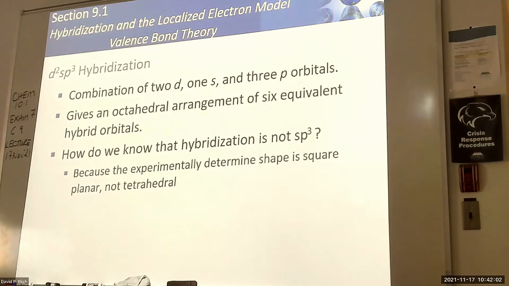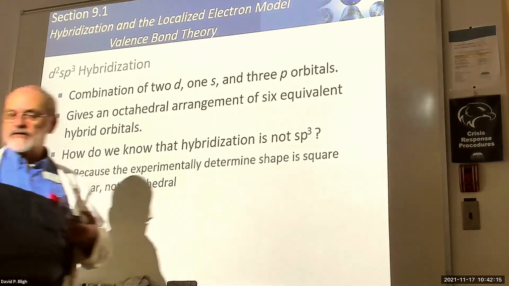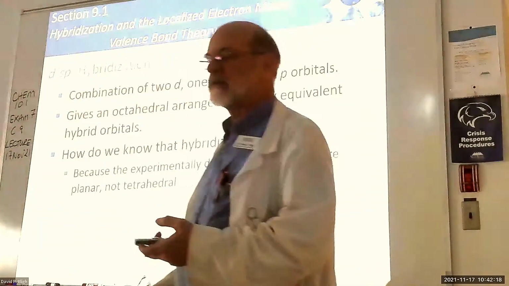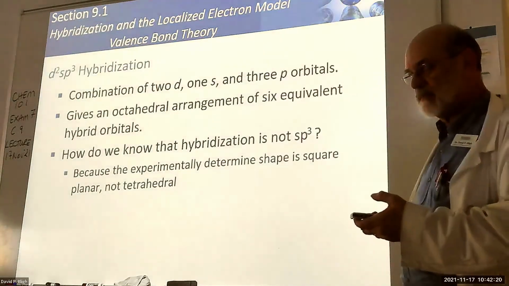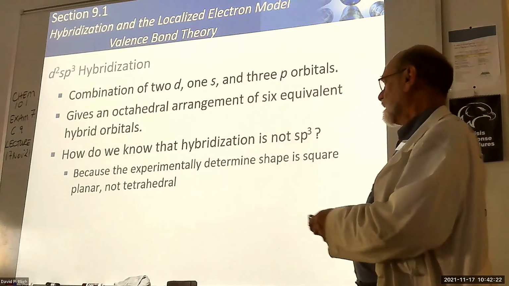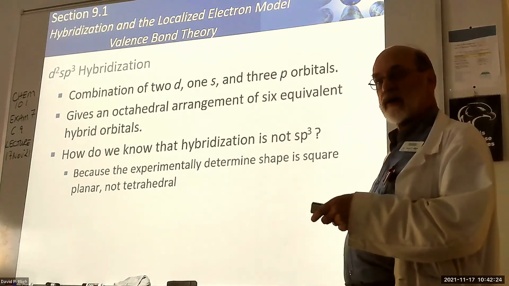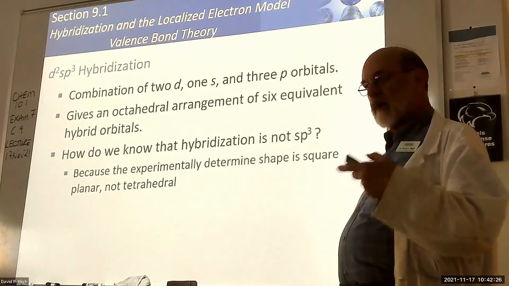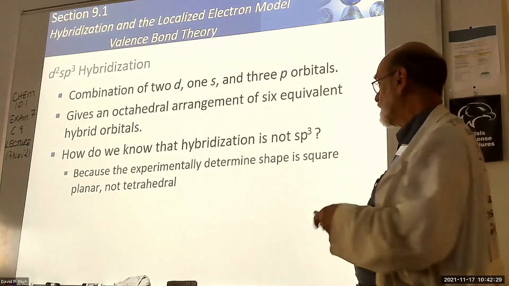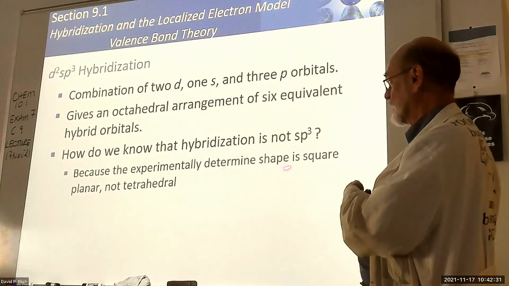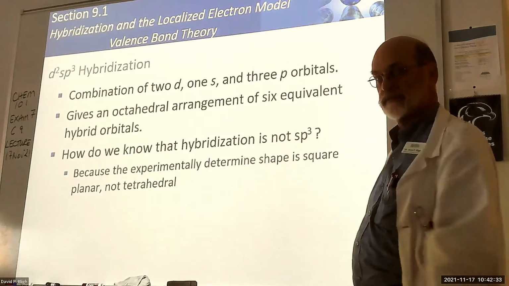Now, of course, the temptation is to say, all right, we've got 4 fluorines, so why don't we put it in a tetrahedron? Well, 2 reasons. If we follow the model, we've actually got 6 pairs of electrons that have to be accounted for, even though it's square planar. And that's the other evidence: we have experimental evidence that the shape is square planar, not tetrahedral.